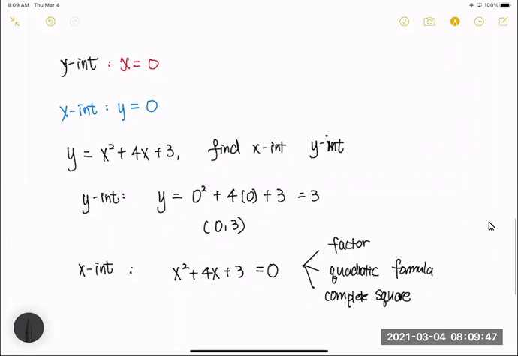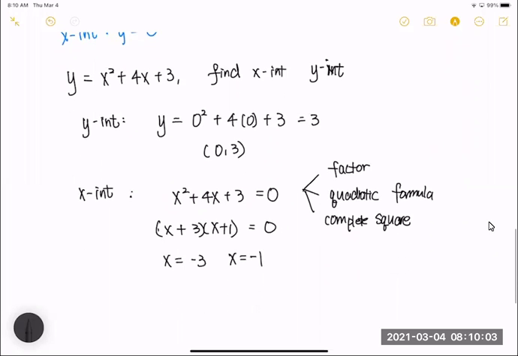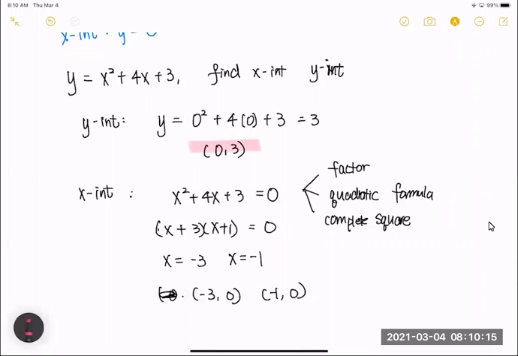In this case, it will be easier to factor, right? So I have (x plus 3) times (x plus 1), the AC method. By the zero product property, we know that x equals -3 or x equals -1. So the points are (-3, 0) and (-1, 0). So this one is our y-intercept, and these are our x-intercepts.